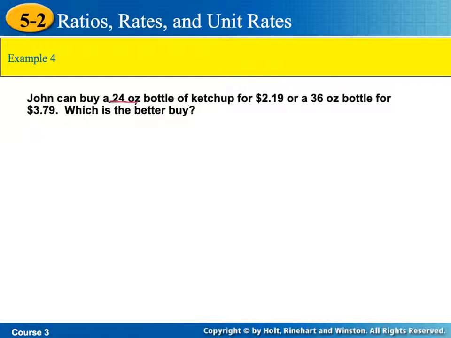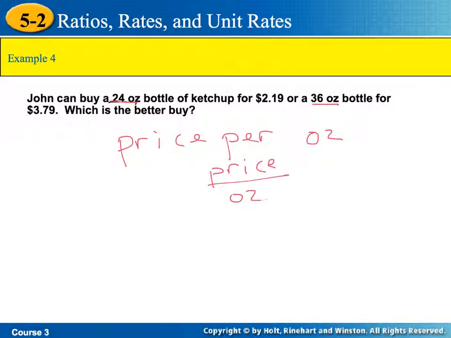I want to figure out what is the price per ounce. Now remember, if it's price per ounce, price goes on top, ounces go on bottom. So try to see which one's the better buy here. Pause now, give it a shot.